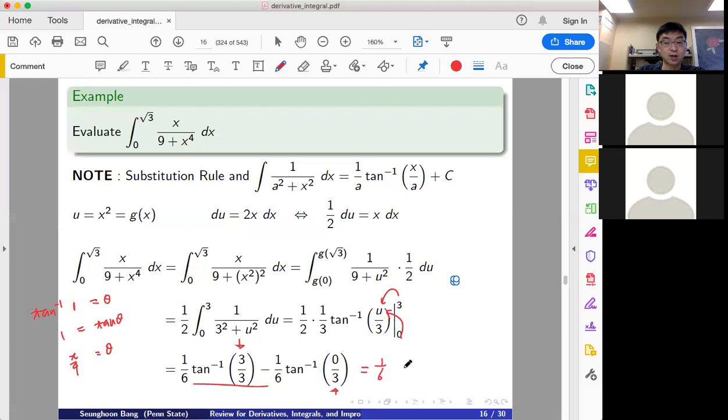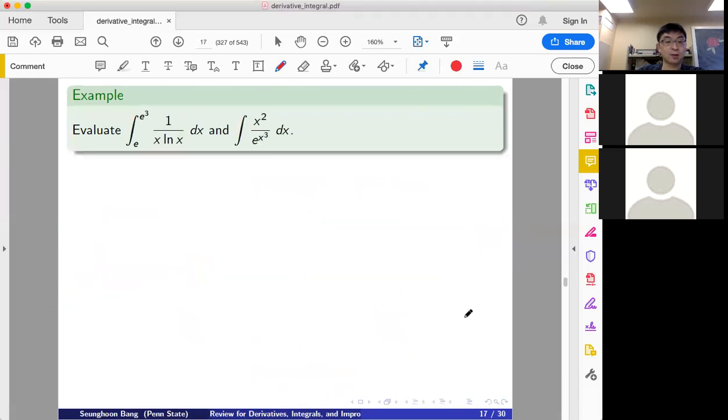Inverse tangent of 1 is pi over 4. What's inverse tangent of 0? We can use the same method. Inverse tangent of 0 is angle theta. You can use the definition: 0 equals tangent theta, so theta equals angle 0. This whole thing is going to 0. The answer is pi over 24. This is the answer of this question. Right? Like this.